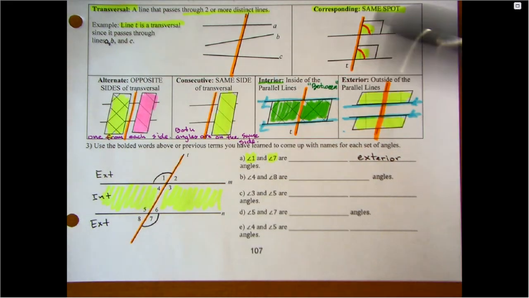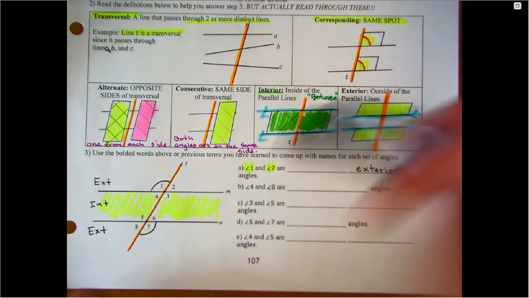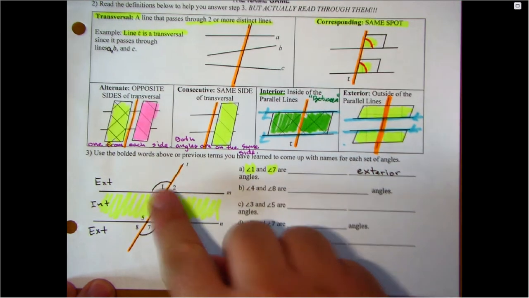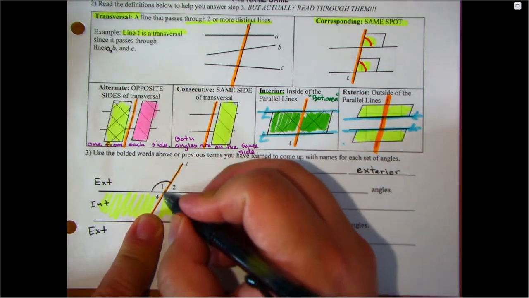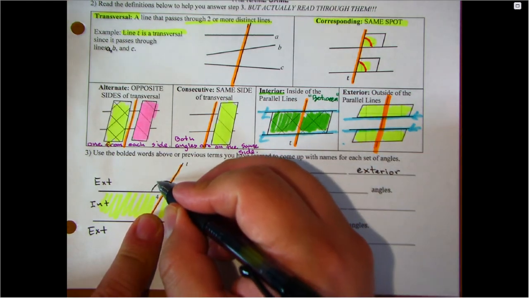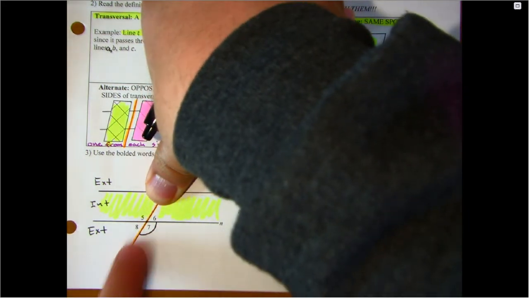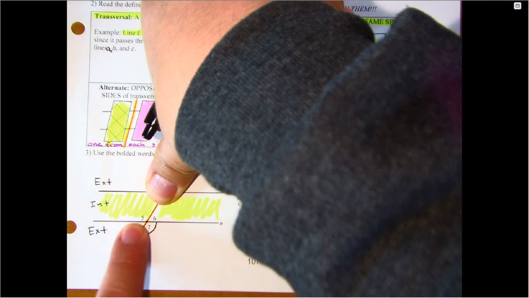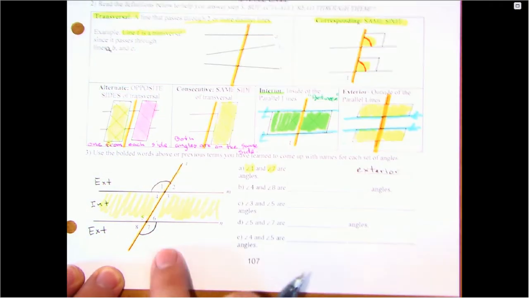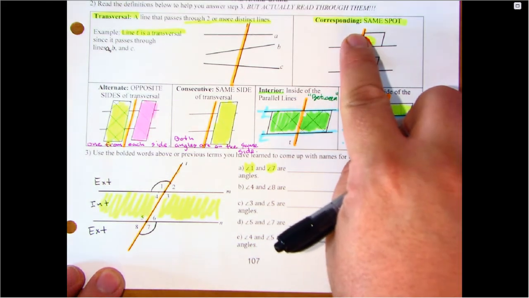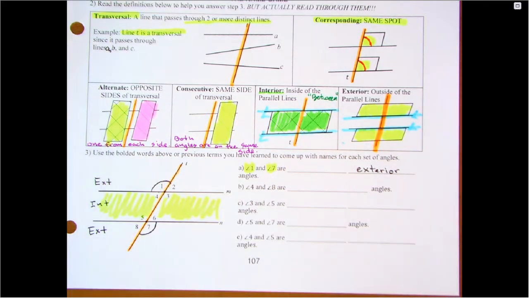Now remember, corresponding means they have to be in the same spot. So first of all, look at this one. If I look at this angle, just at these four, let me cover the ones at the bottom. This angle is the top left angle. So if that's the case, which one is the top left angle? Number 5 is the top left angle, not number 7. So no, these are definitely not corresponding. They're not in the same spot. So now the question is, are they alternate?